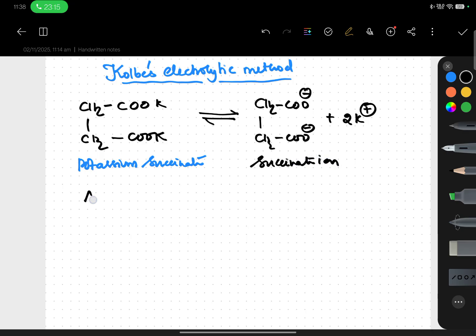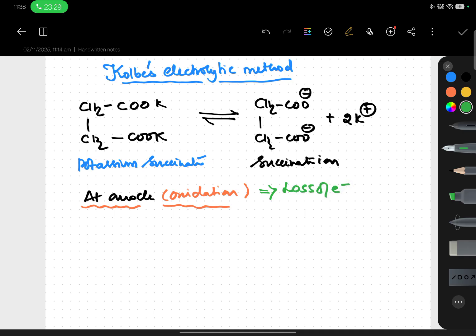Now at the anode, what will happen? At anode, oxidation takes place. What is oxidation? Loss of electron. So CH2COO minus, CH2COO minus.